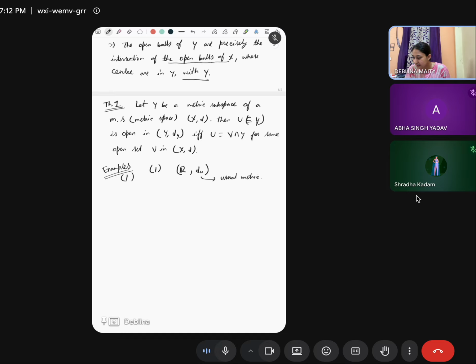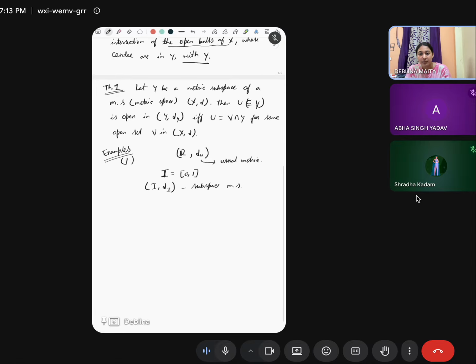So it is a metric space, and take this subset I = (0, 1). So d_u restricted to I is a subspace metric space, right? Now what are the open sets or open balls of I?